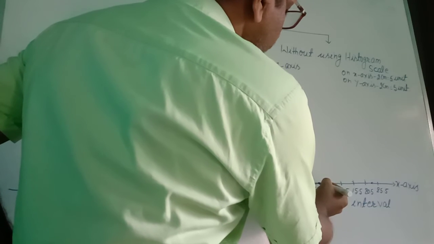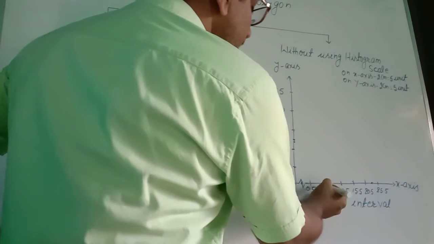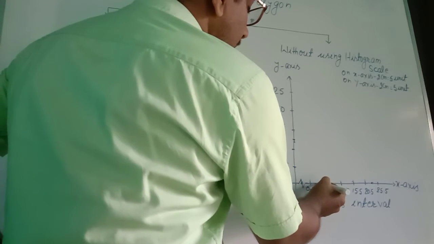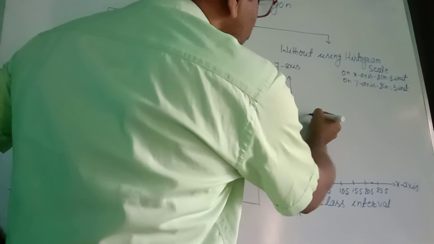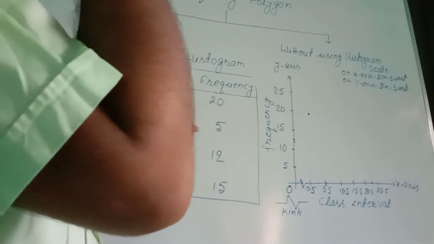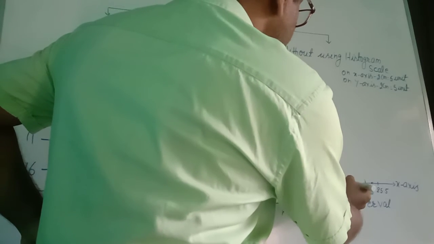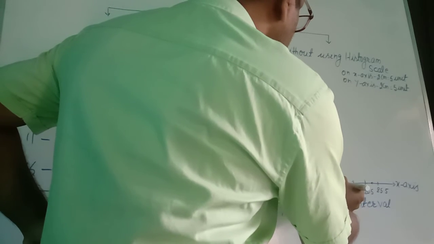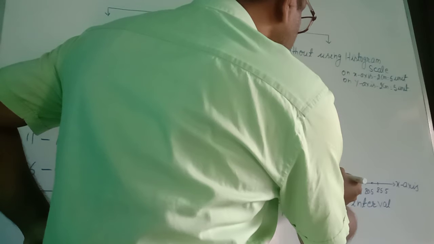Use the middle point of this width, which is 2 centimeters, so the middle point will be here, and go along this line to the point here and give a point. Second is 5.5 to 10.5, frequency is 5. Use the middle point, go along this line and give a point here.